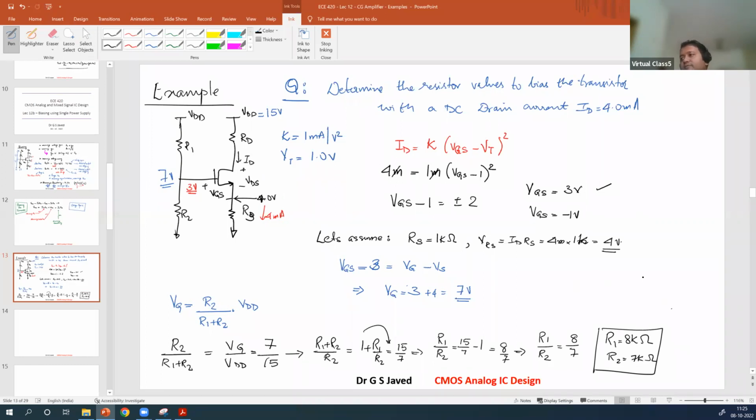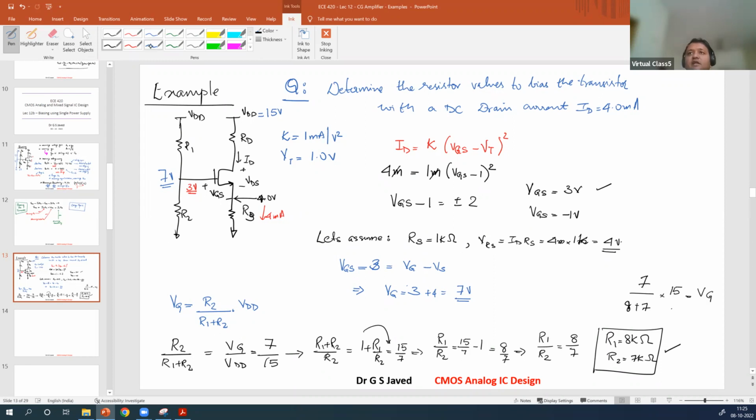So check: R2 divided by R1 plus R2 times VDD, this value has to be VG. 8 plus 7 is 15, 15 cancels, VG is 7. So this is the bias.